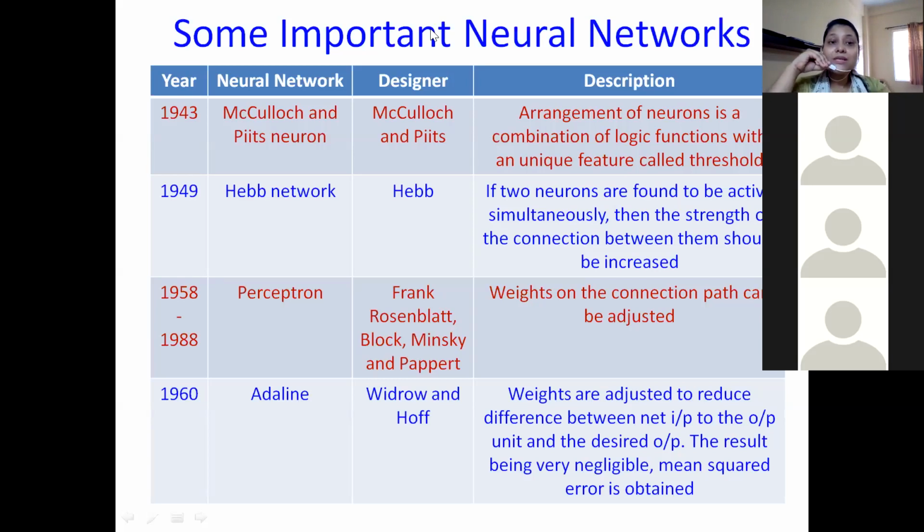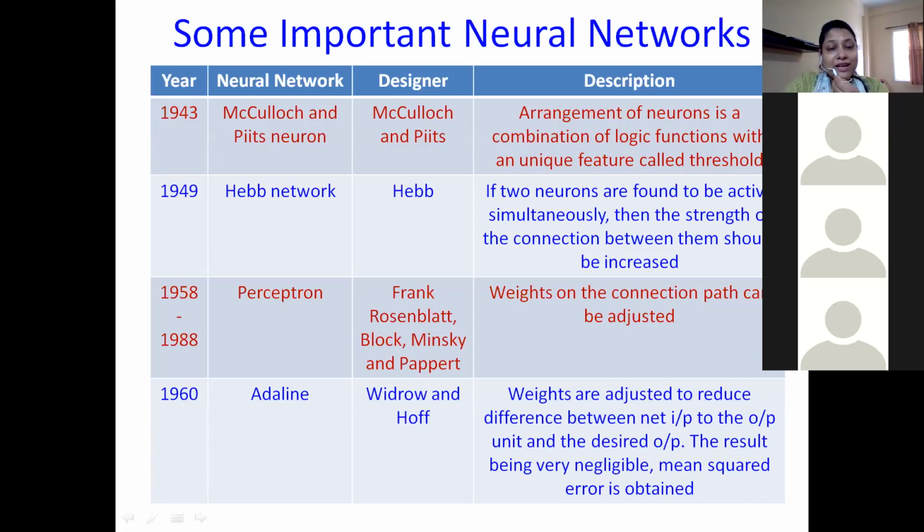So starting with that, if you can see the table in this particular slide, there are four neural networks in particular. This is the beginning of the neural network, the McCulloch and Pitts neuron.